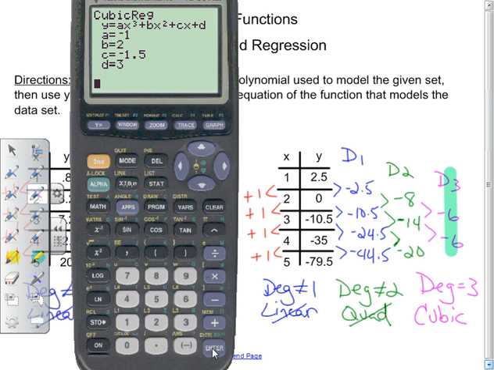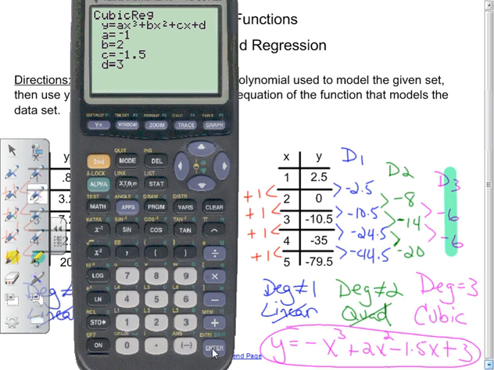The parameters come back of A, B, C, and D for the polynomial of third degree. And I will, in fact, copy that here and get y equals negative x cubed, I'll forgo the 1 just to simplify it, plus 2x squared minus 1.5x plus 3. That's a third order polynomial. Not uncommon for them to have 4 terms like that. It's third degree.